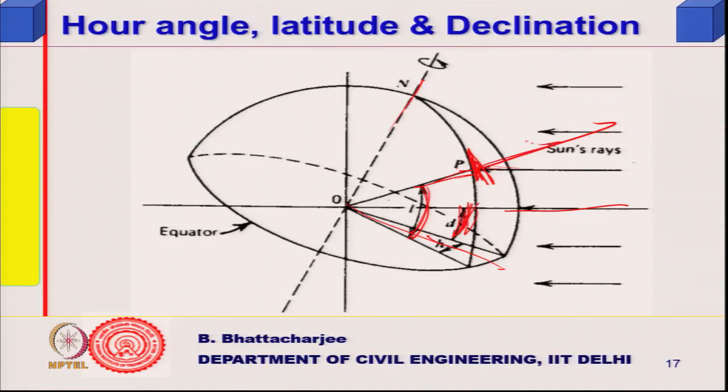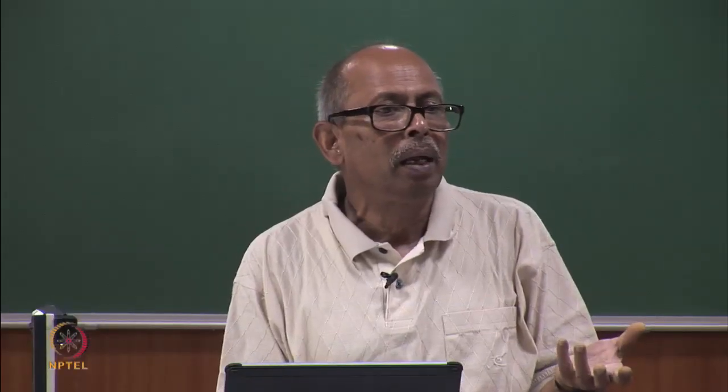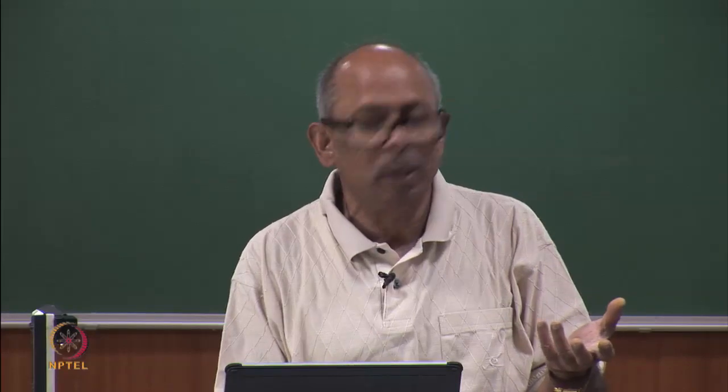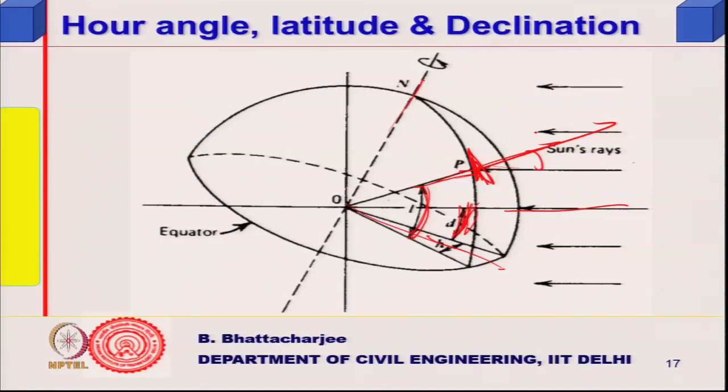The angle between horizontal and the sun's ray is the altitude angle, and the angle between vertical and the sun's ray is the zenith angle. So, this angle is the zenith angle, this is the altitude angle, and these two add up to 90 degrees.